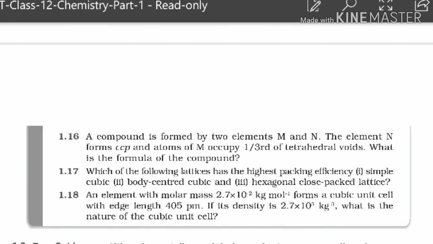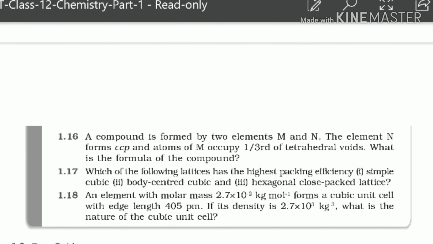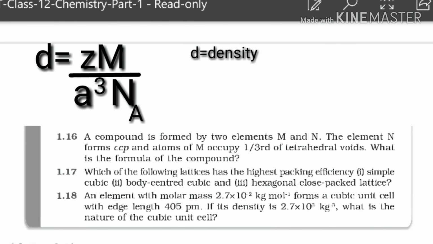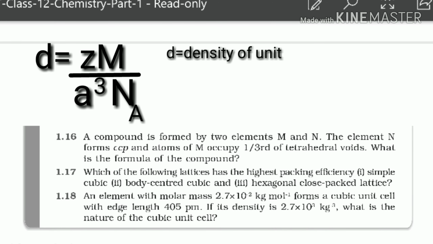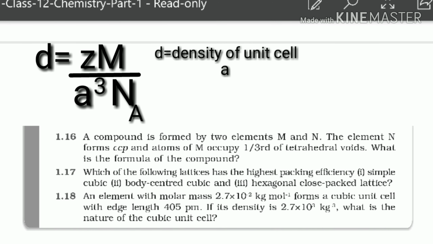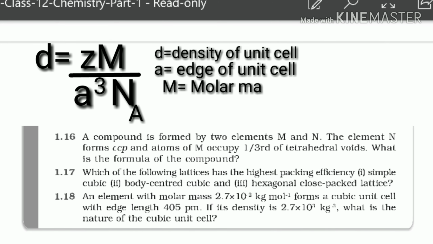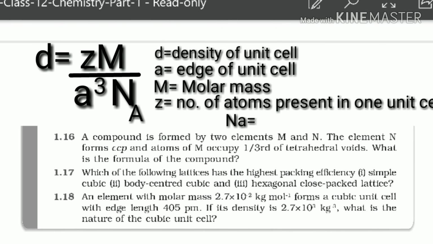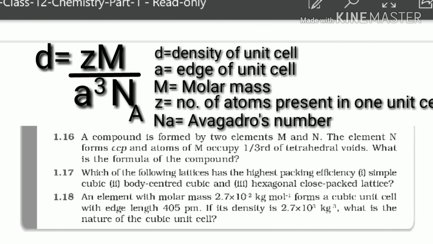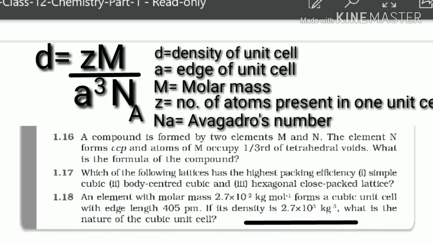We just have to put these values in the density formula which we have read in the explanation videos. It is, you can see, D is equal to Zm divided by a cube and Na. Here D is the density of the unit cell, a is the edge of the unit cell, M is the molar mass, Z is the number of atoms present in one unit cell, and Na is the Avogadro's number.